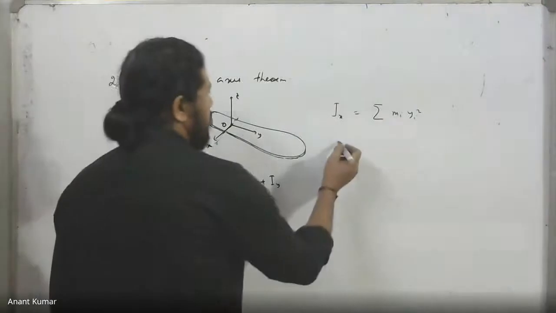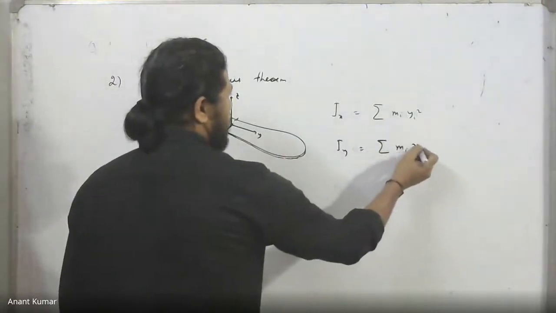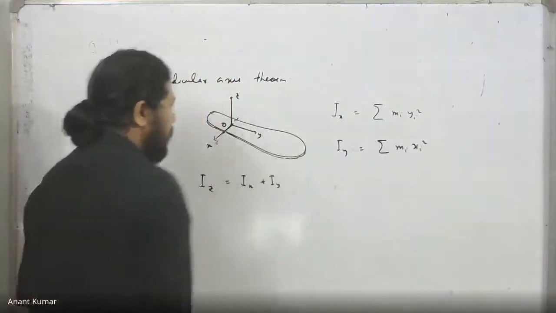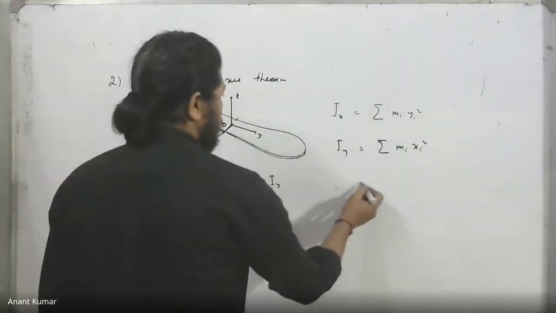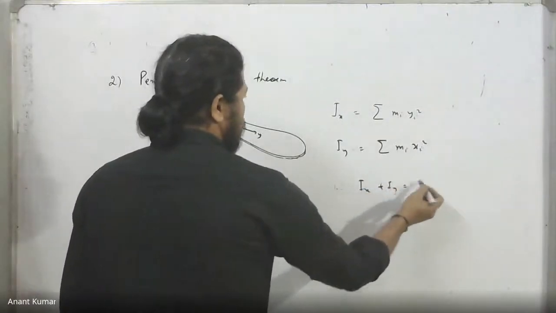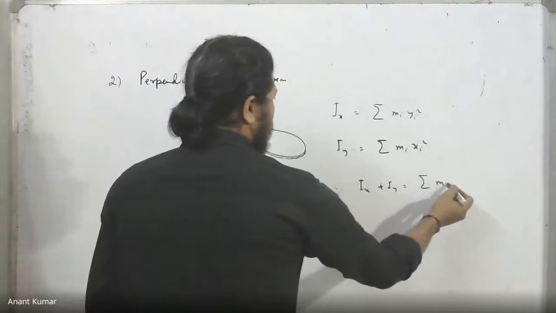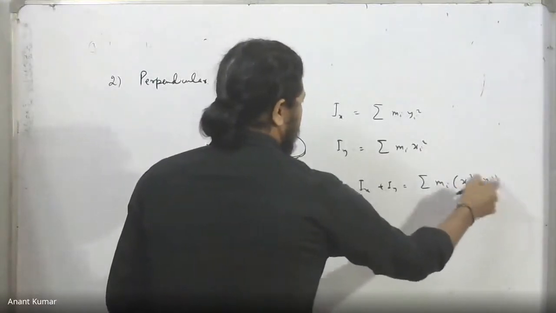And then similarly, Iy will be the summation over the X coordinates over there. If I consider the summation of Ix and Iy, it turns out to be the summation of m_i into x_i square plus y_i square.